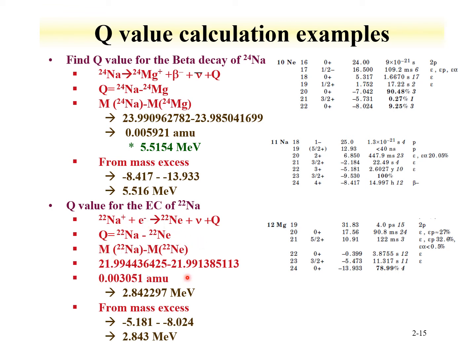Again, from the mass values, we get the difference in the AMU, 931.5 MeV per AMU. From the mass excesses, we can pull the mass excesses out of here. So sodium-22 and neon-22.